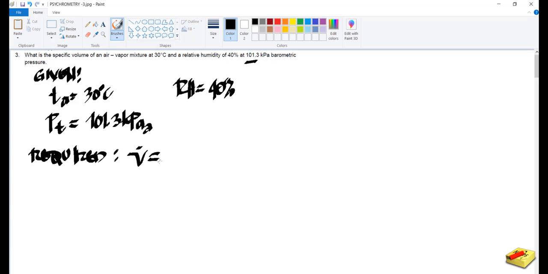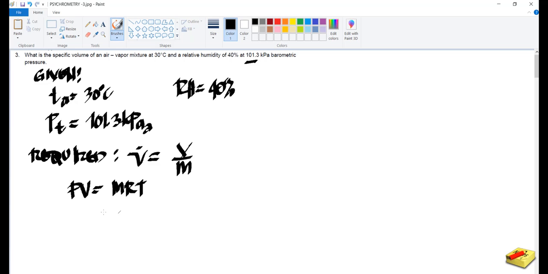In order to get that, we need the equation from the ideal gas law, which is PV = mRT. So where your specific volume will be volume divided by the mass.